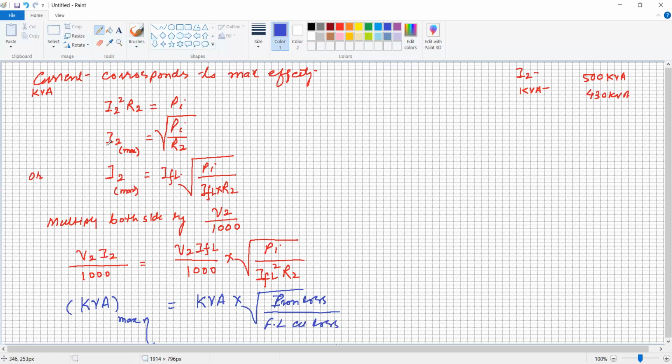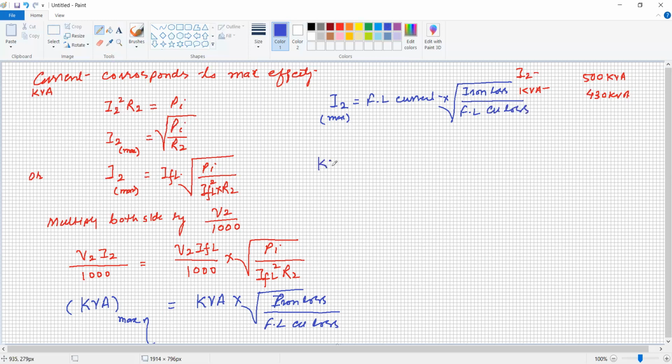So it means that the current corresponding to maximum efficiency, I2, is equal to the full load current multiplied by under root iron loss divided by full load CU loss. Sorry, we forgot to write the square over this one.